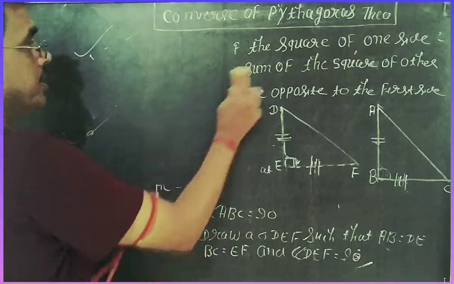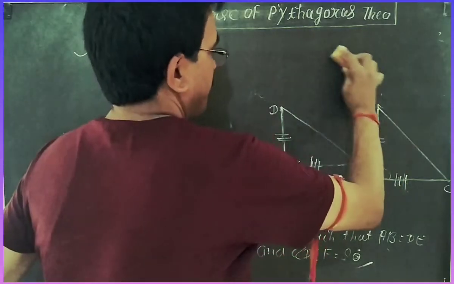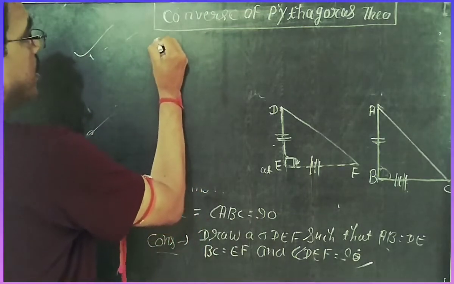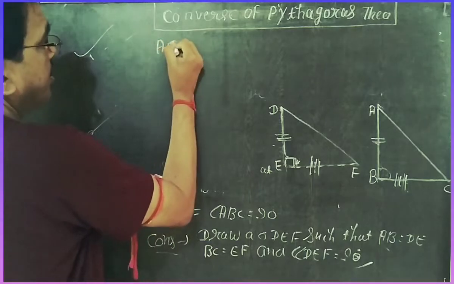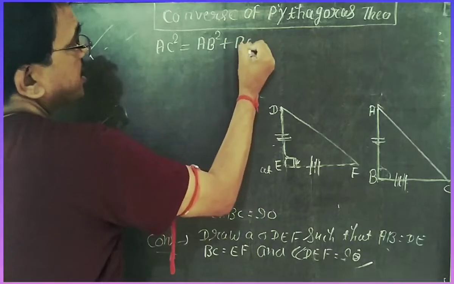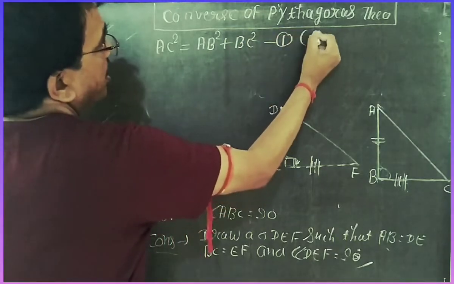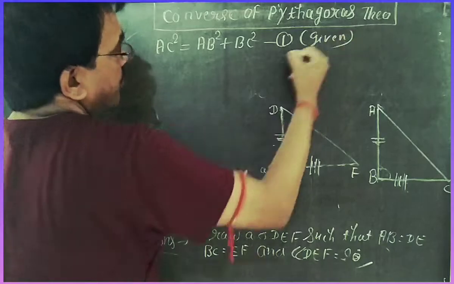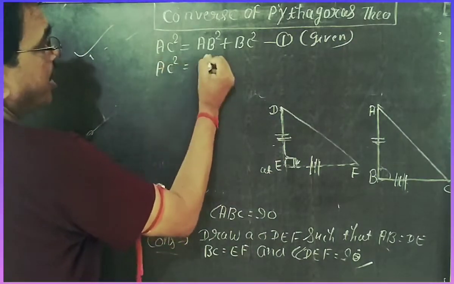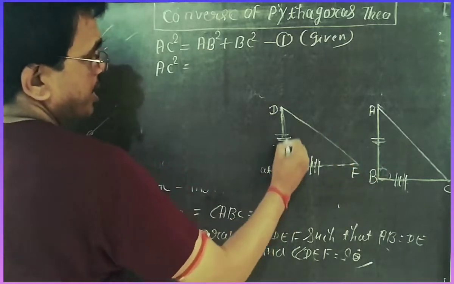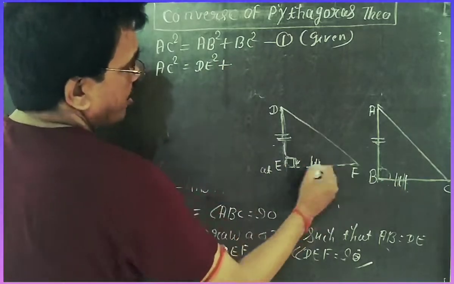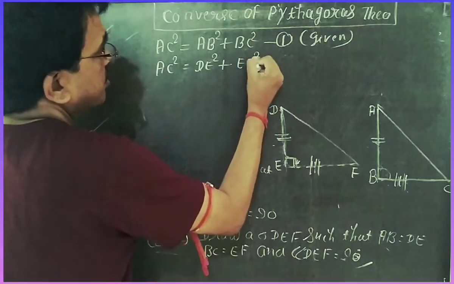Now proof, you write that AC square is equal to AB square plus BC square. It is equation first, and it is already given in your question. Next, it is AC square equal to, this AB is equal to DE, so we write DE square plus this BC is equal to EF, EF square.